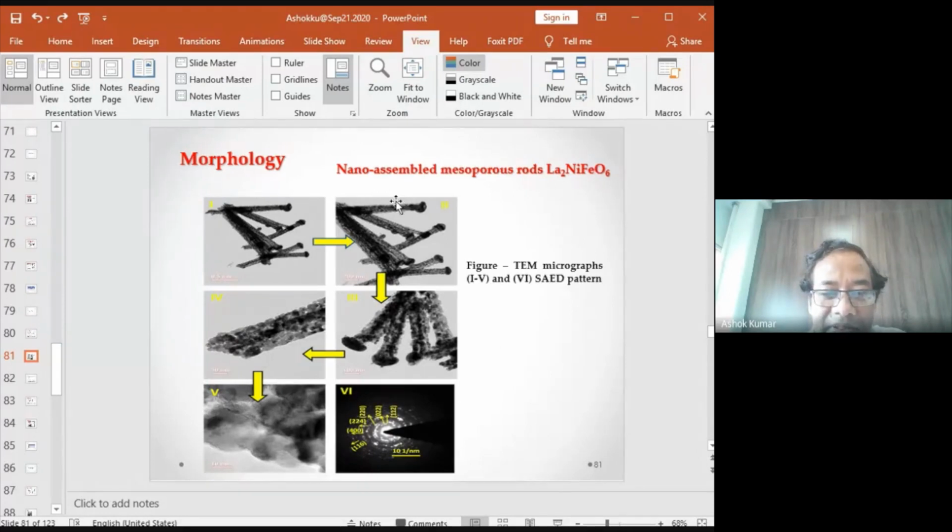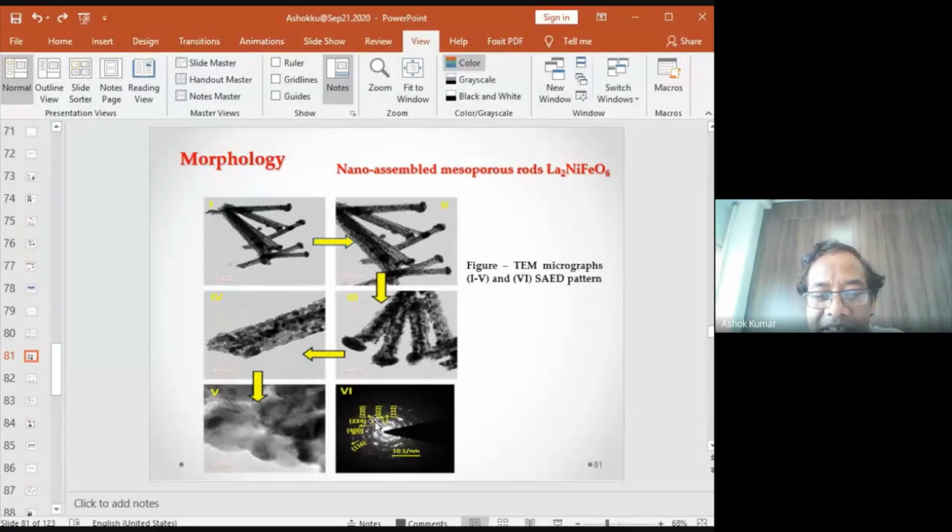In these kinds of structures, which are nanorods, it is expected that the material becomes textured, because this is not a random distribution. The crystals are arranged in some particular direction. If you have anisotropic shapes like nanorods, discs, or thin films made of nanoparticles, they may lead to textured structures. Here also you can see the rings are not continuous, they are a little bit broken rings. So this shows textured material.